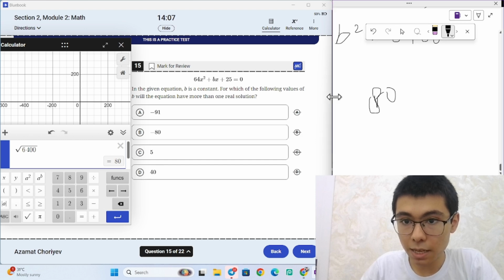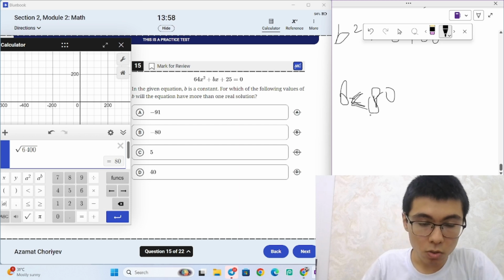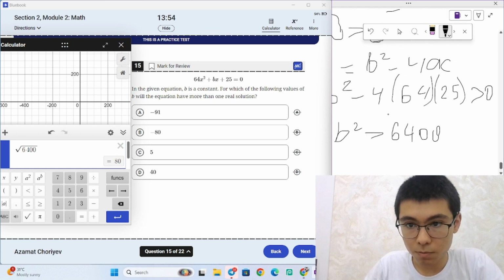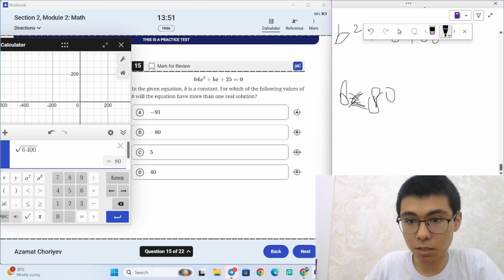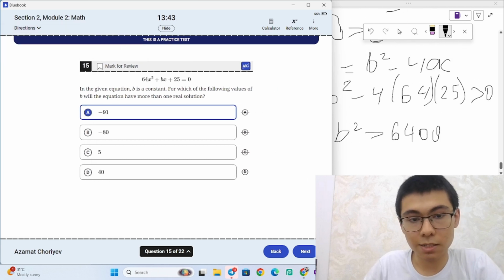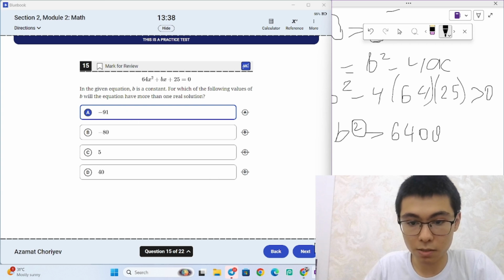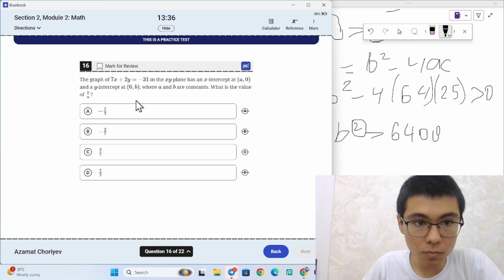So b has to be higher than 80. It doesn't have to be 80. So the only answer is 91. It doesn't matter whether it's negative or positive because it is squared. That's why minus 91 is the correct answer.